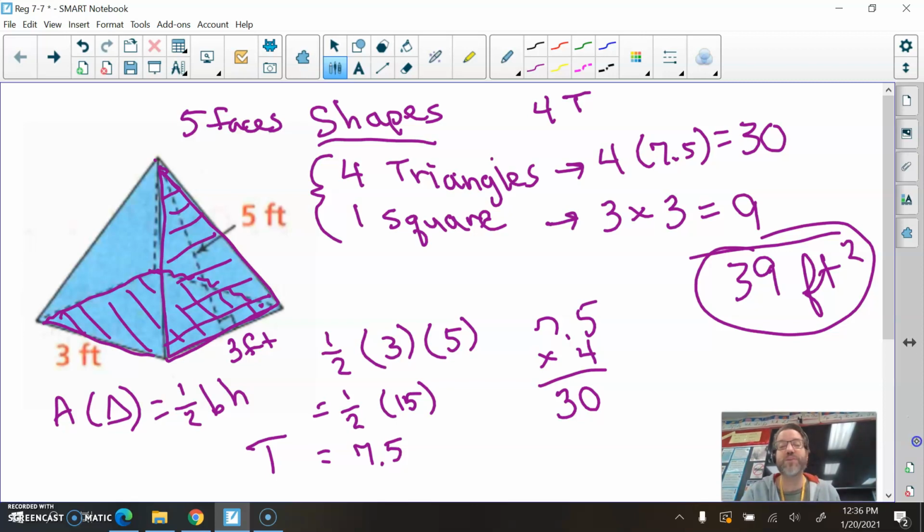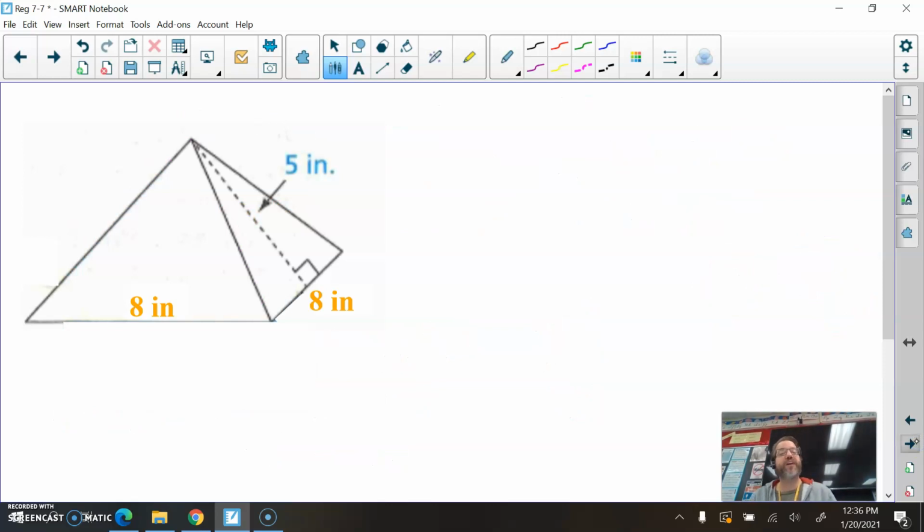Okay, let's look at another one. Here I have a pyramid again, and what shape is its base? This one, the drawing is a little bit different because we only see these two faces that are showing, the others are hidden. Imagine this was all solid. But I could draw in, for example, something like this, and then come on up here to kind of show those other faces where they would be.